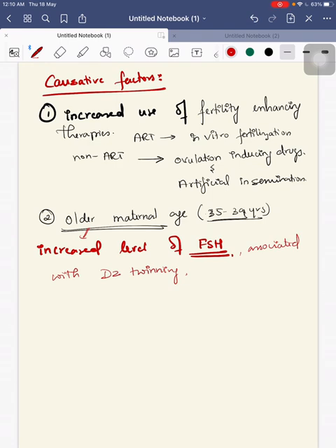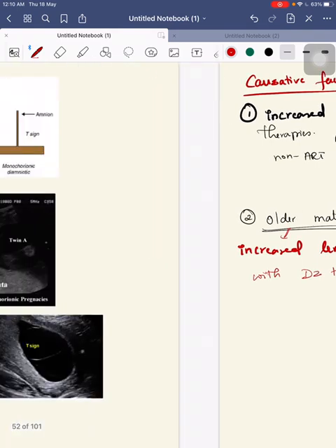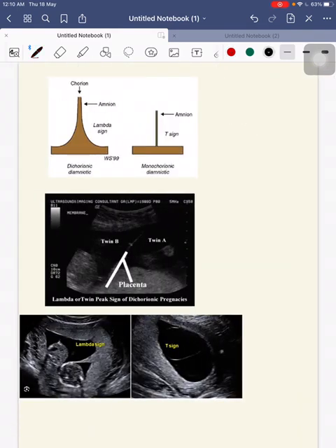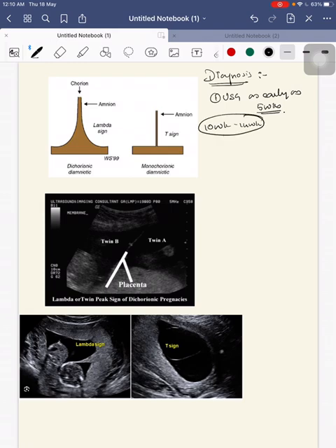Next, we'll see how to diagnose this. This can be diagnosed by USG as early as 5 weeks of gestation. At 10 to 14 weeks, we can distinguish dichorionic and monochorionic twins.